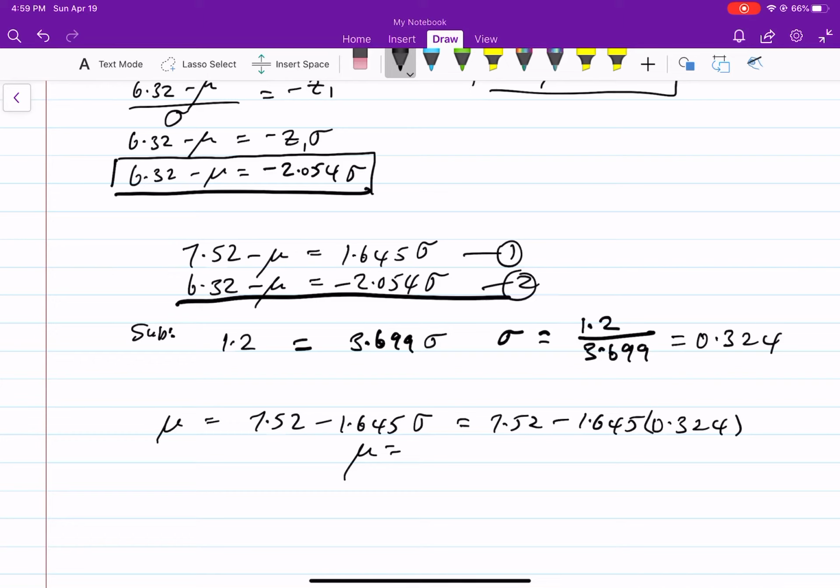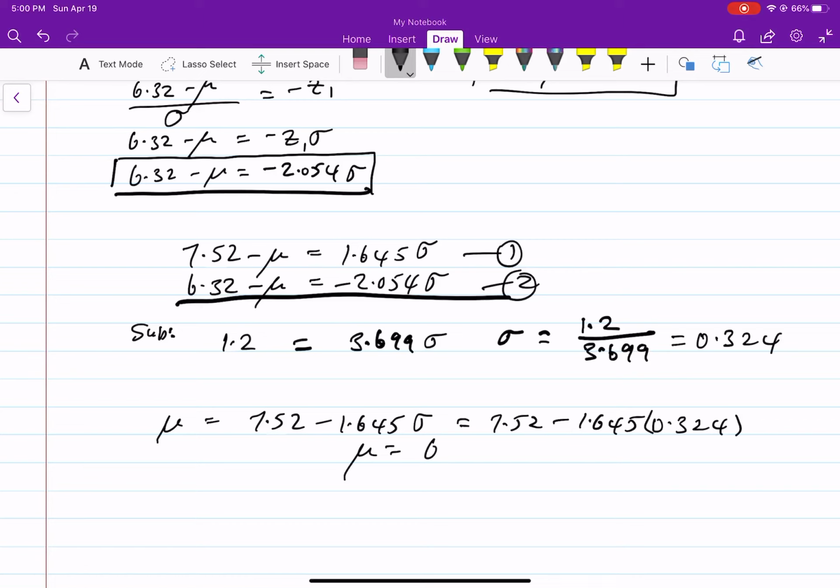If I'd used the full value, let's see what I would have gotten. 1.2 divided by 3.699 is 0.3244, then times 1.645, this would have been 6.99 if I had used the full value for sigma.